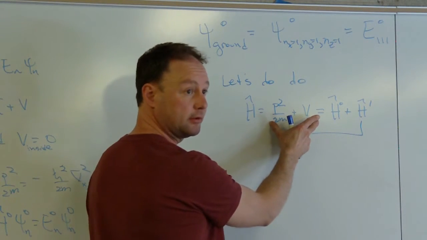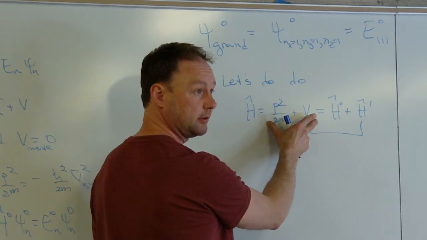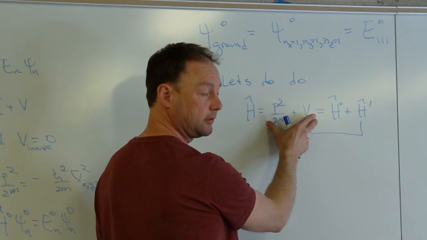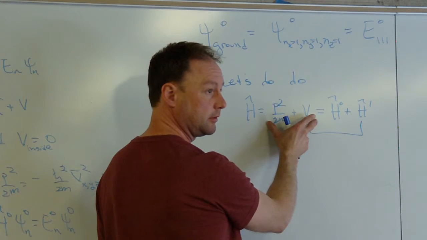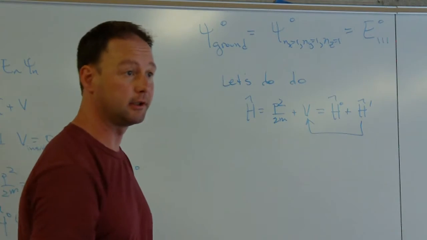And so instead of trying to solve this exactly, we already know what the H0 is, because we just solved that out. We're going to try to solve this using perturbation theory.